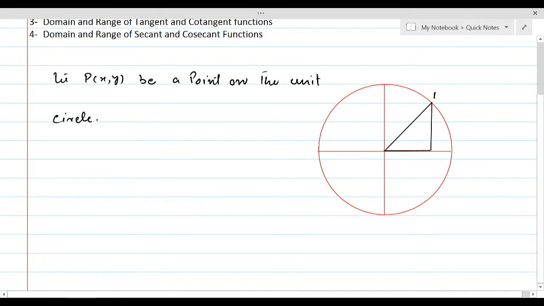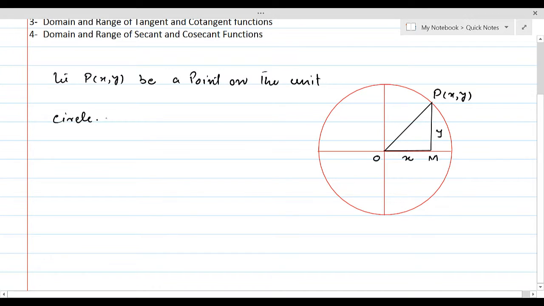So if this is a point P with coordinates x, y, then the height of P above the x-axis is y. If M is the base of the perpendicular from P on the x-axis and O is the origin, then x is equal to OM and PM is equal to y.